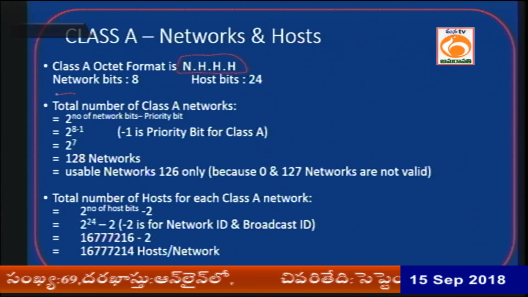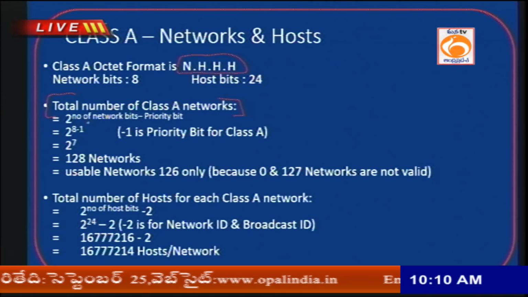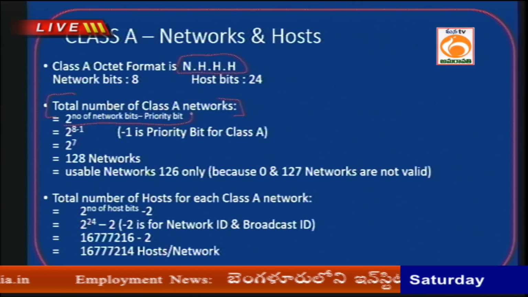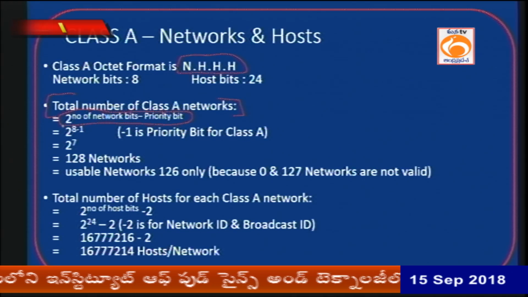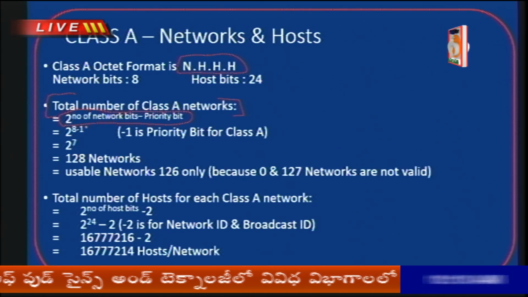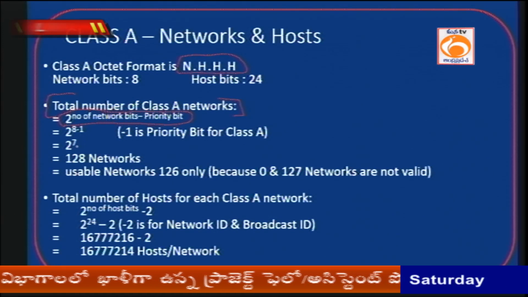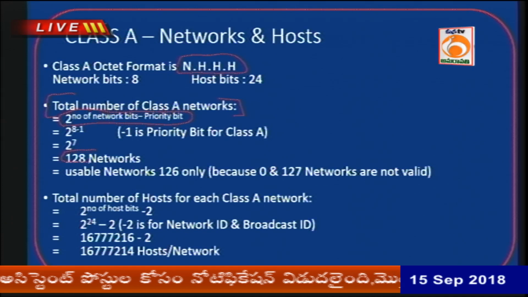To calculate the total number of class A networks, the formula is 2 to the power of the number of network bits minus the priority bit. The priority bit used for class A is 1 bit. The value is 0, but only 1 bit was used. So 2 to the power of 8 minus 1 is 2 to the power of 7, and the value of 2 to the power of 7 is 128.